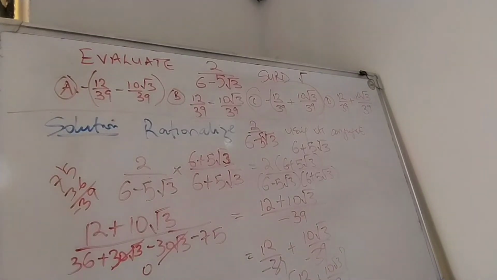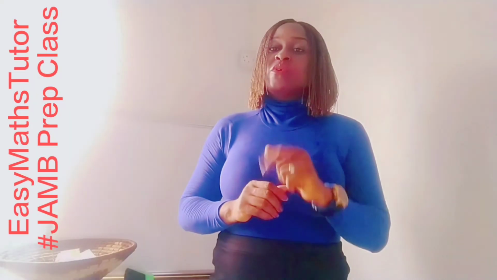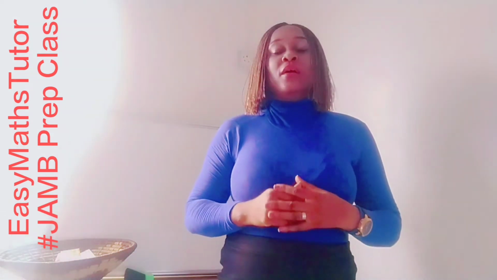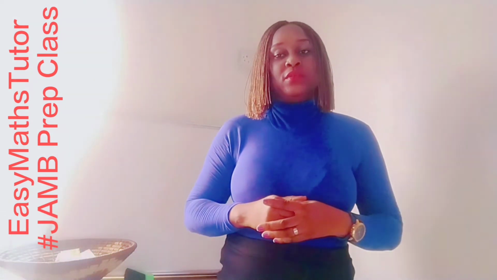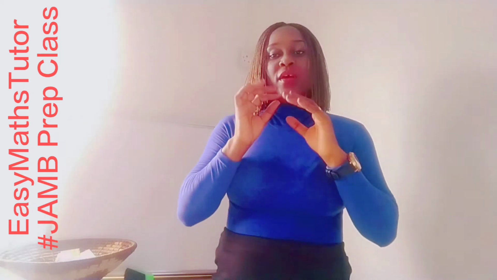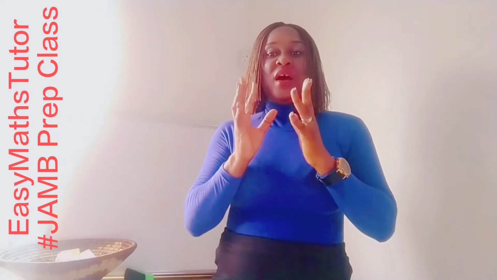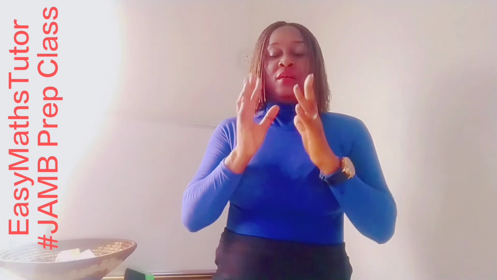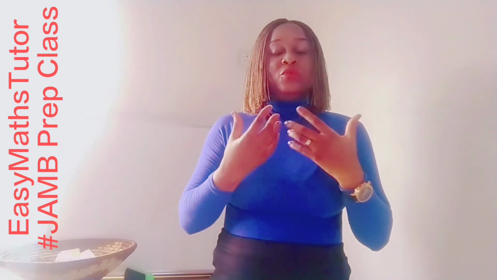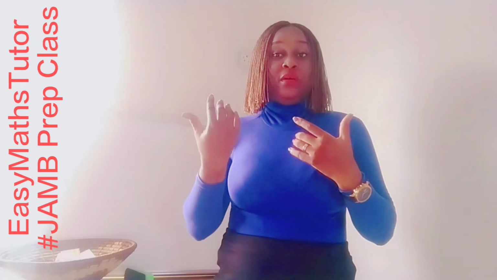So I want to talk to us about surds. What are surds? Surds are irrational numbers. It's mostly made up of a square root of a number that does not have a whole number square root. Most times the square root of that number is always in decimals.